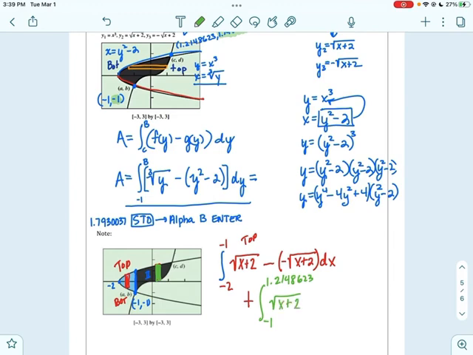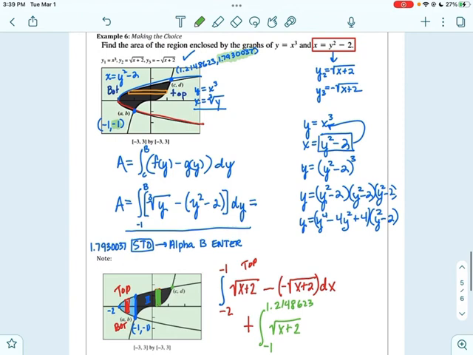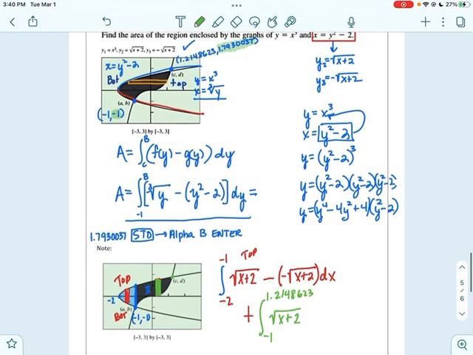So you're going to go all the way to the last point that we talked about that intersects with the cube root. Y is equal to x cubed intersects y is equal to square root of x plus 2 at this point. So we would go from -1 to 1.2148623. The top function is the square root of x plus 2. The bottom function is going to be x cubed because now we're all in x's. And we have our integrand.